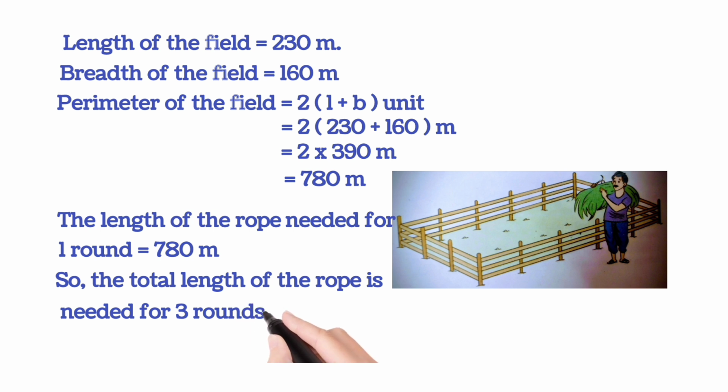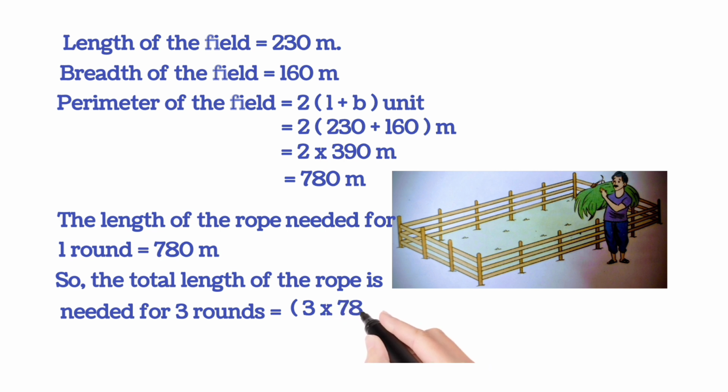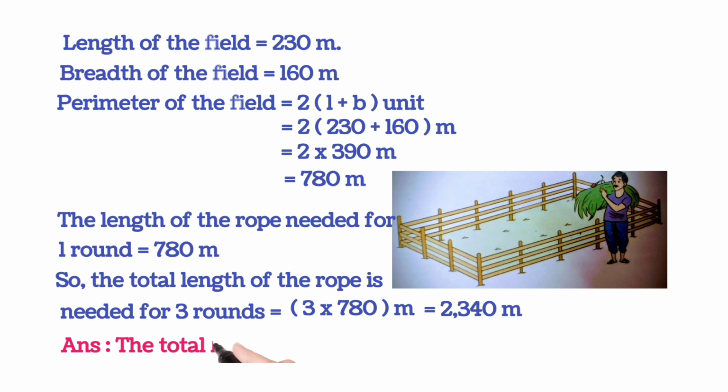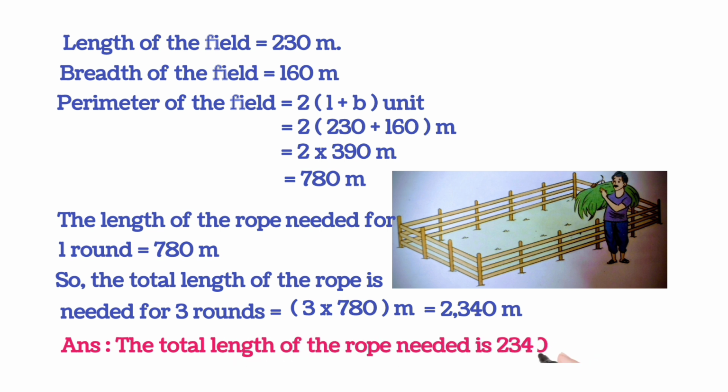So the total length of the rope needed for 3 rounds equals 3 into 780 meter. If you multiply these two, you will get 2340 meter. Clear? So write the answer statement properly: the total length of the rope needed is 2340 meter. I hope all of you understood.